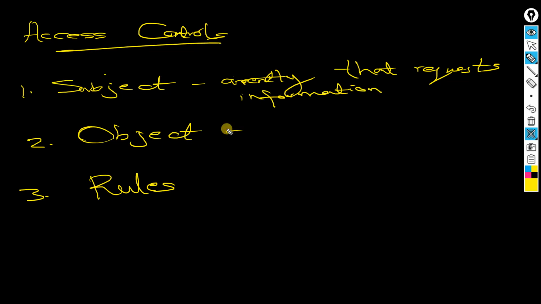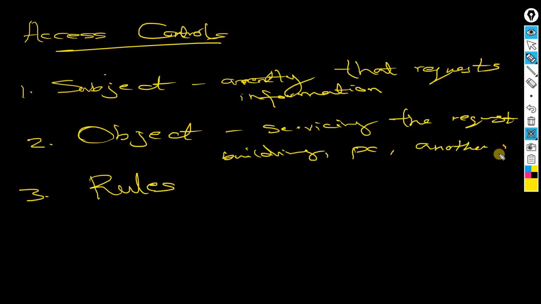The system that is actually servicing that request could even be a building, could be a PC, could be another person, is the object, right?